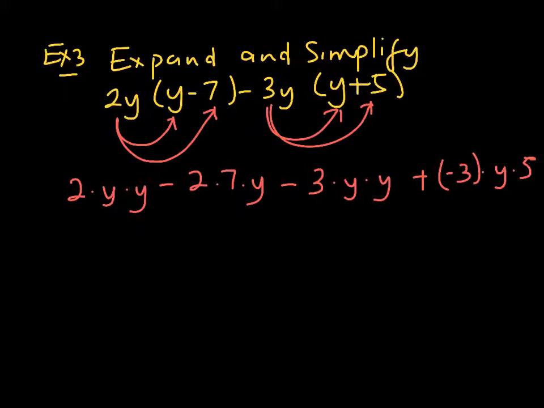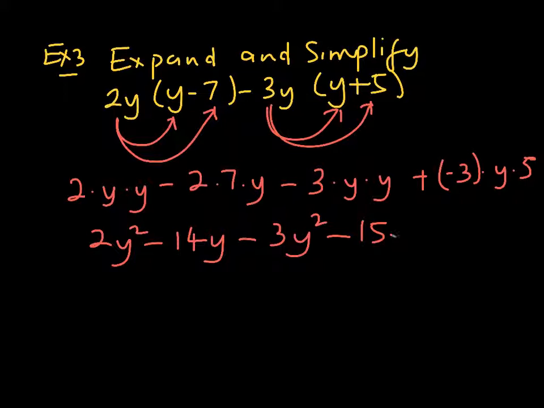So 2 times y times y, that is 2y squared, minus 2 times 7 times y, that's 14y, minus 3y squared, plus, no, that's going to be negative, because negative 3 times 5, that's negative 15y, so negative 15y.